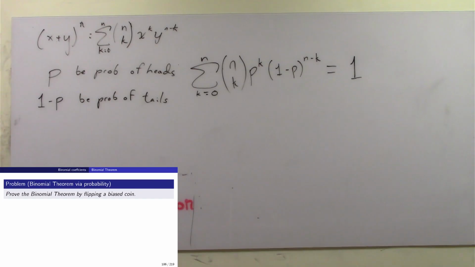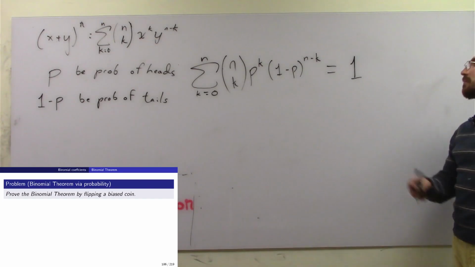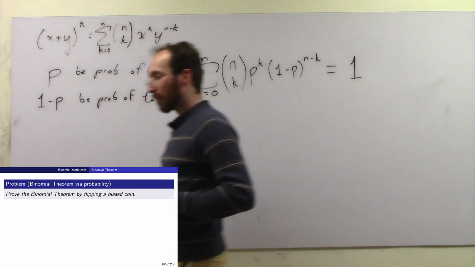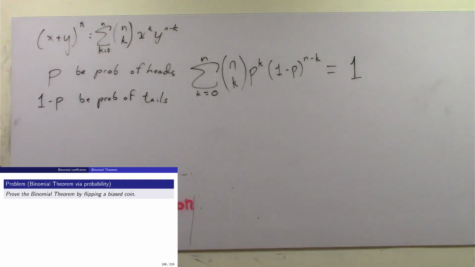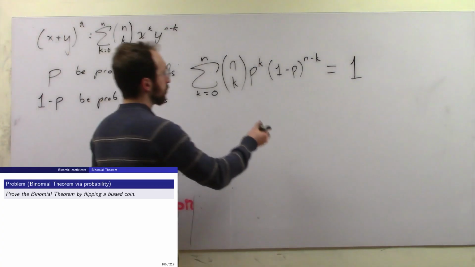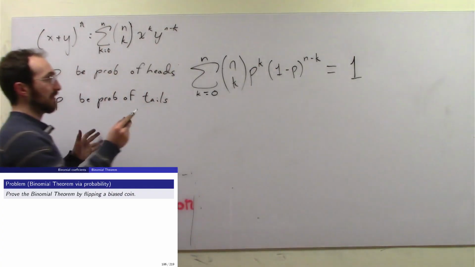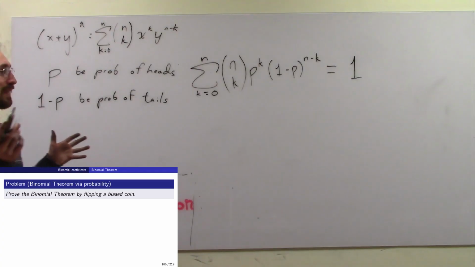Now, we're very close. This looks almost like the binomial theorem. So what else do we have to do here? Well, I am just going to substitute. Why not? We're going to pick a nice value of p.